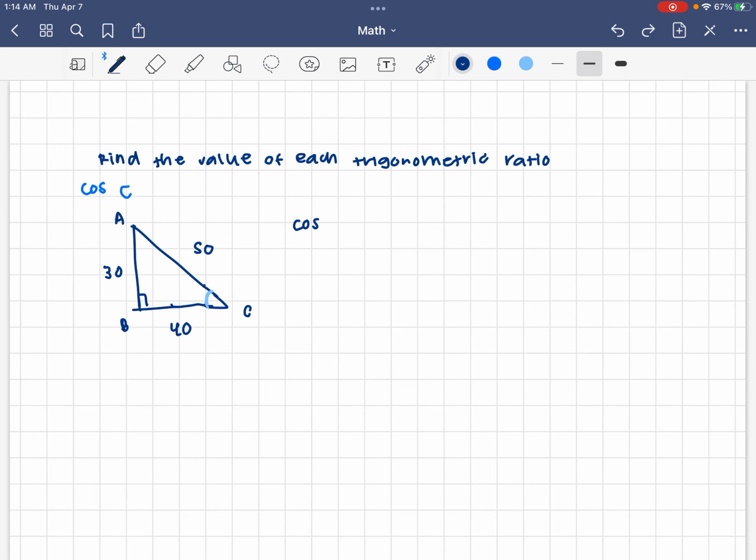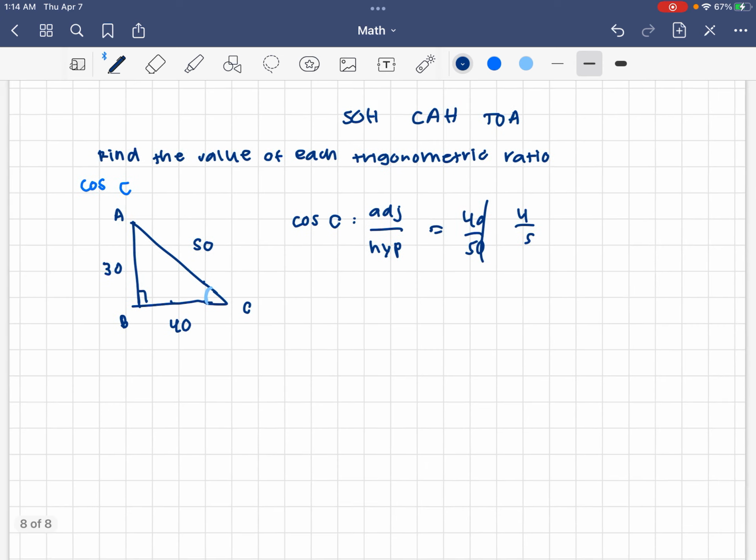Cosine C is adjacent over hypotenuse, because of SOH CAH TOA. So that's just 40 over 50, which simplifies to 4 over 5. So that's simple.